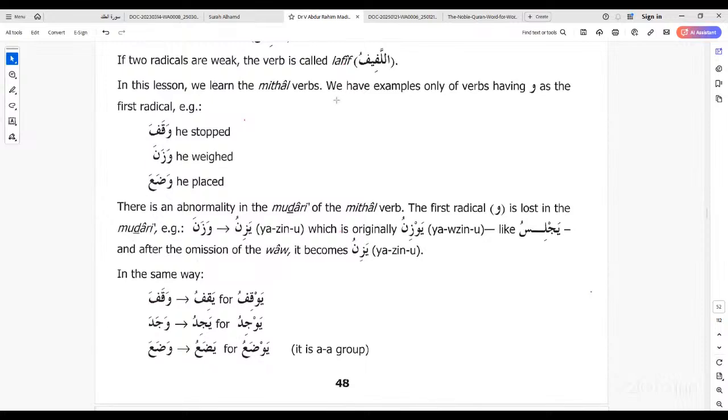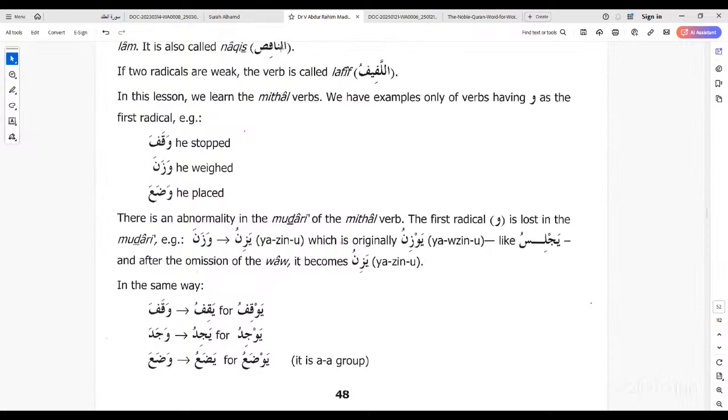In this lesson, we learned the misal verbs. We have examples only of verbs having waw as the first radical. For example, waqafa, he stopped. Wazana, he weighed. Wada'a, he placed. There is an abnormality in the mudari of the misal verb.